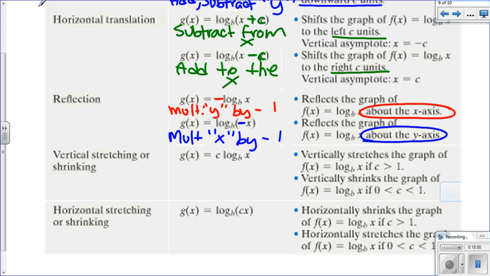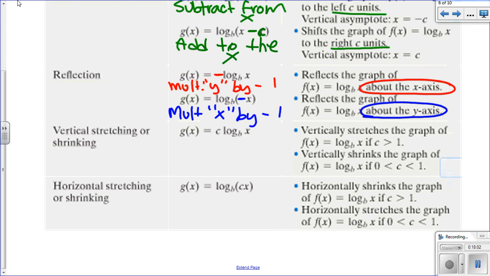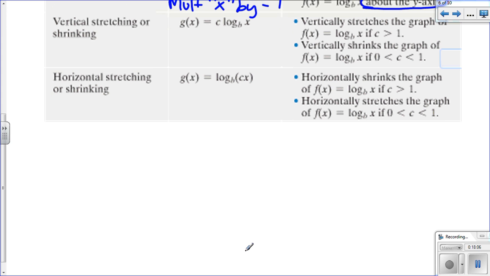Now we also have the stretching, vertical and horizontal. Remember, they are two different things. So for the vertical stretching, you will recognize that when the constant is outside the logarithmic expression, it will look like a coefficient. If that coefficient is greater than 1, the graph will be vertically stretched.